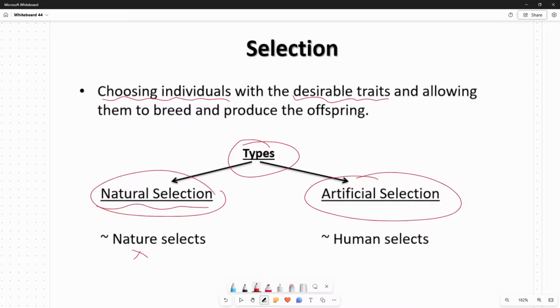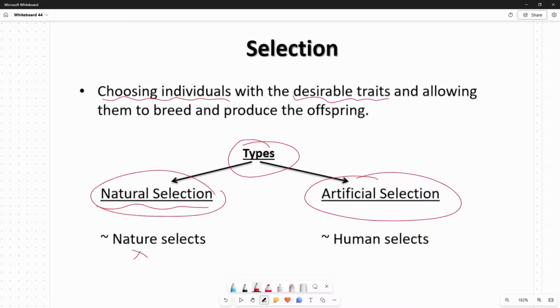I always use the example, if we take an animal from East London or from Matatiele, which is a very cold area, and then you breed that organism in Limpopo, where the temperatures are very high, you will see that the organism might struggle to survive. So the nature selects.